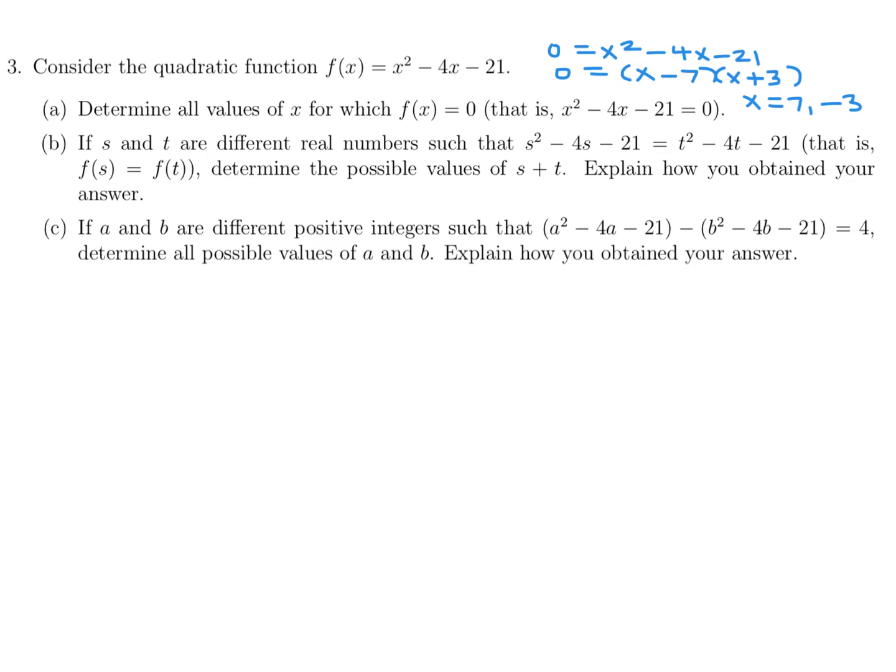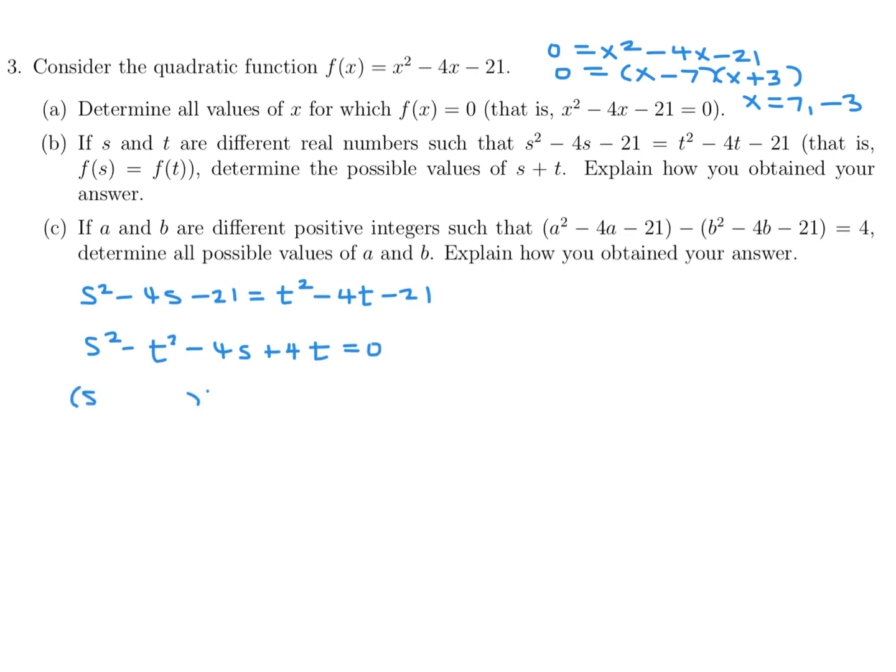Part B, if s and t are different real numbers such that s squared minus 4s minus 21 is equal to t squared minus 4t minus 21, determine the possible values of s plus t. So s squared minus 4s minus 21 is equal to t squared minus 4t minus 21. Put everything on one side, and we get s squared minus t squared minus 4s plus 4t is equal to 0.